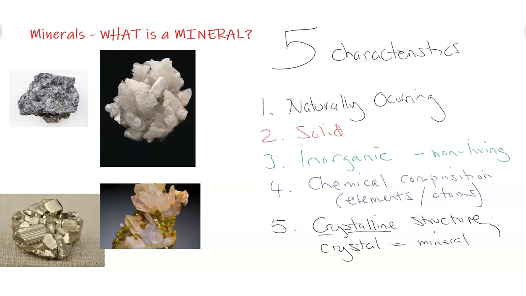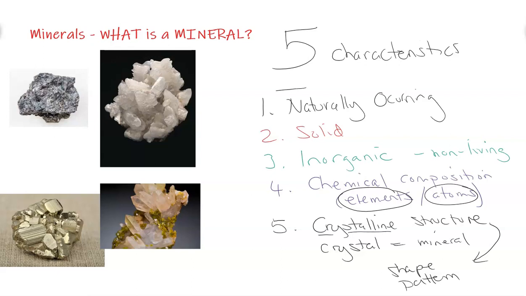And the structure, that basically means the shape, okay, and the pattern at which the elements or the atoms are arranged in. So these certain elements and atoms, based on their electron configuration and where the electrons are and how these elements and atoms bond together and stick together, that would create a certain shape. Therefore, it would create a certain pattern or structure that only occurs with minerals. And each mineral has their own structure and their own chemical composition.